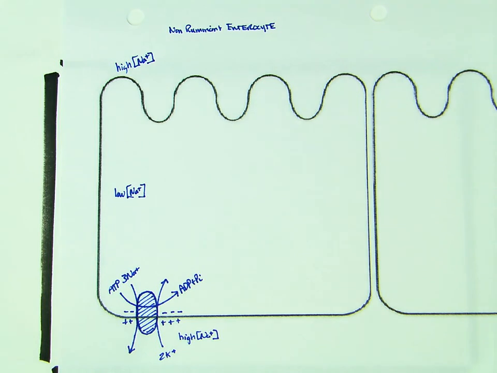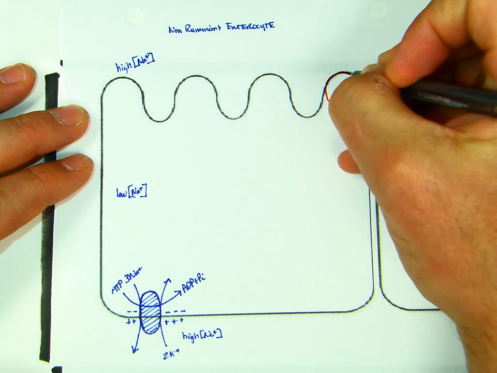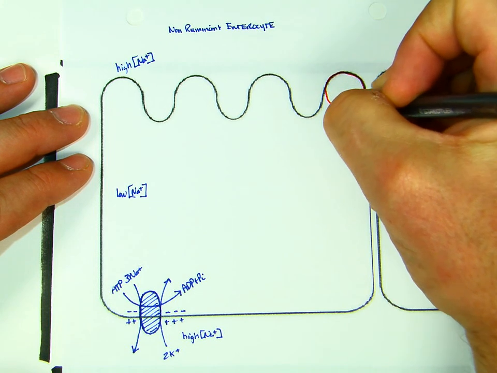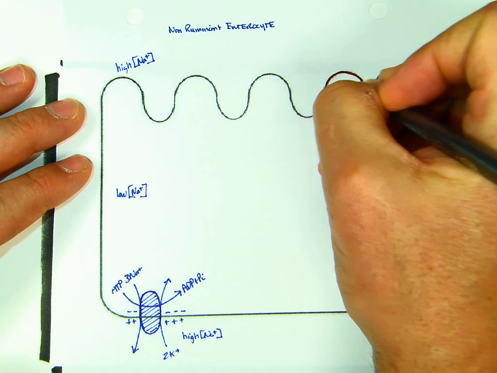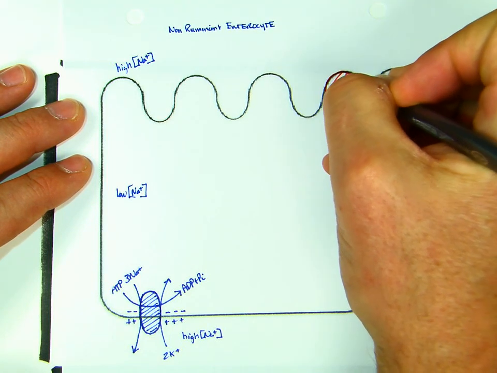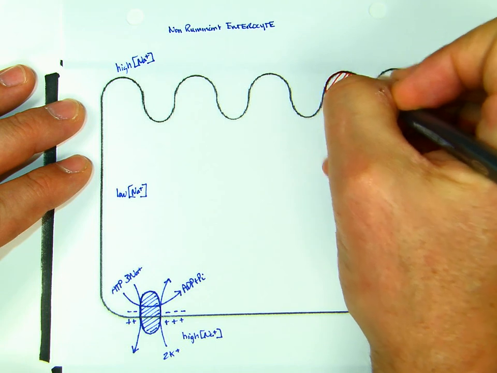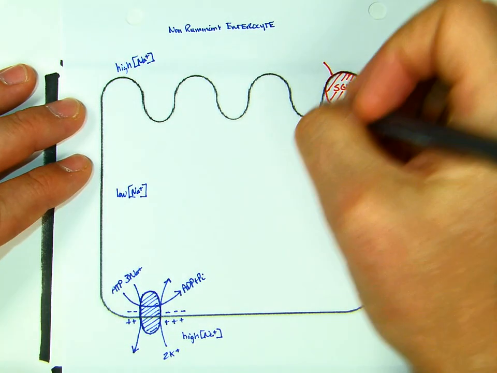First thing we can do is put in the SGLT1. And SGLT1 can, remember, go against the concentration gradient, and we're going to bring in a sodium.